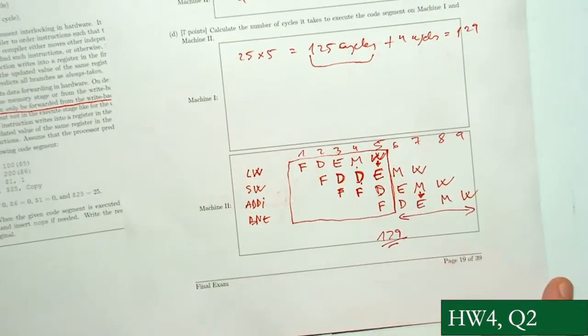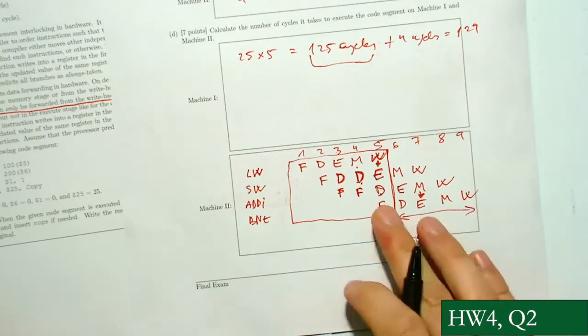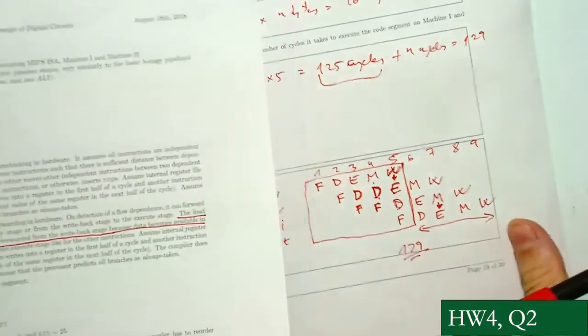Yes. Something that's not really clear, that's also been an issue in another homework, is that to me, the effectiveness of the forwarding is dependent on the dependency checking method. If you use forwarding from memory to execute, then you do bypassing from the memory stage to the execute stage.